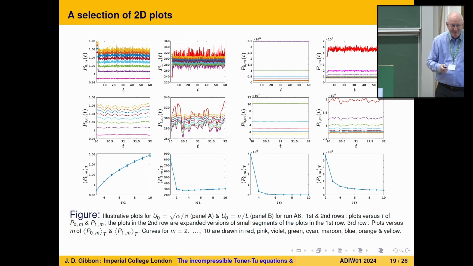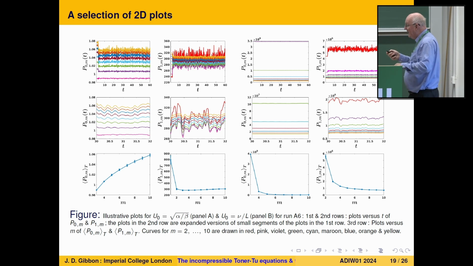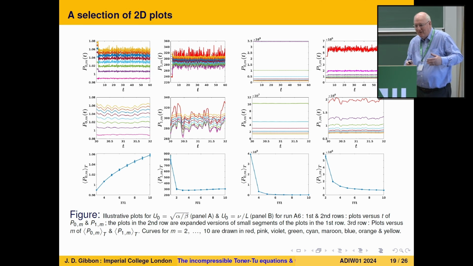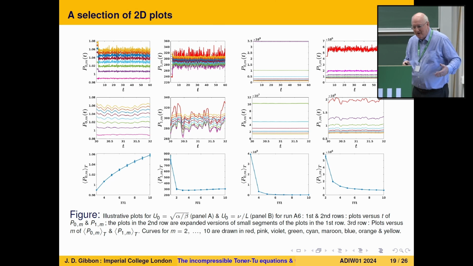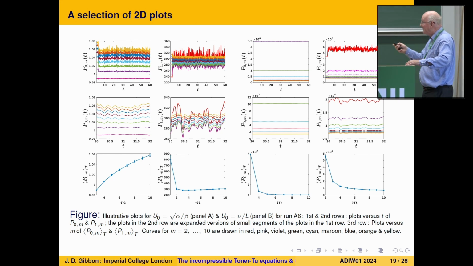But it's a much richer set of dynamics than 2D Navier-Stokes. So it looks as if it's different from Navier-Stokes turbulence, and it is different, but mathematically, it's not so different from the way you look at it.